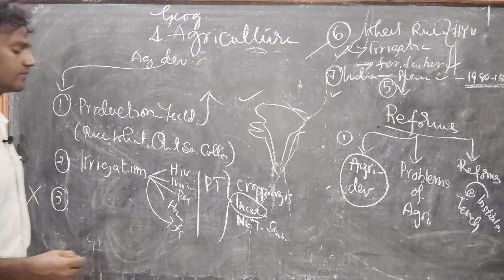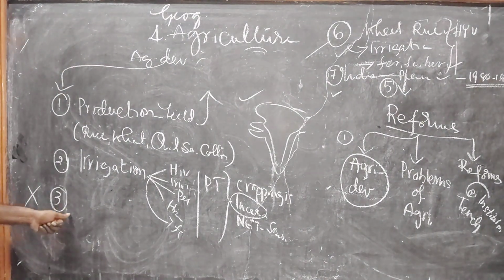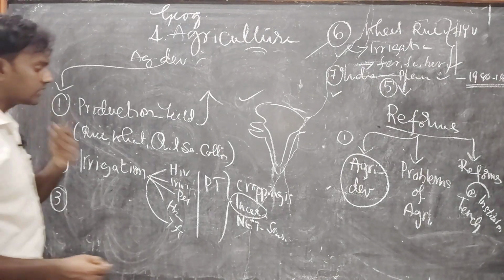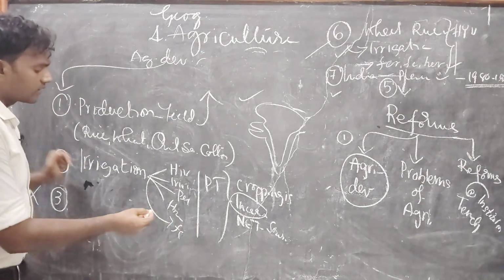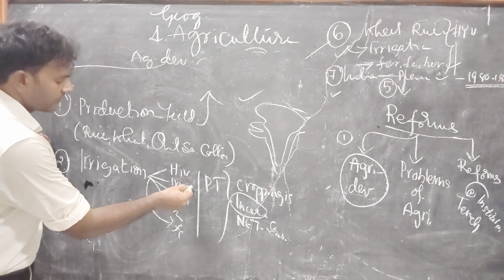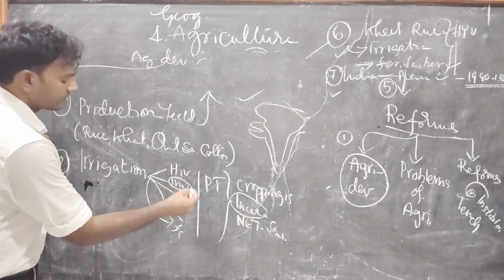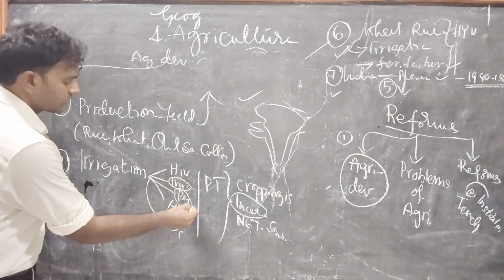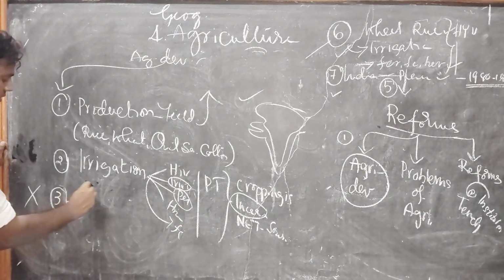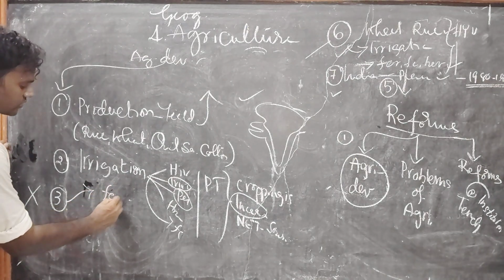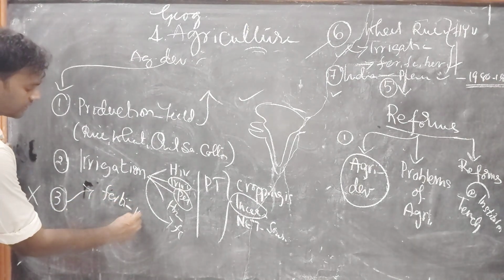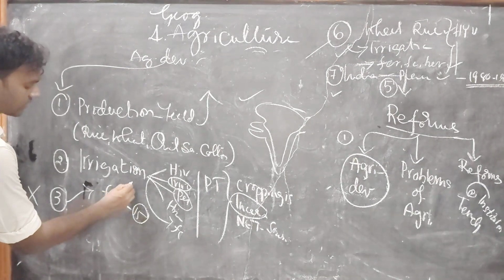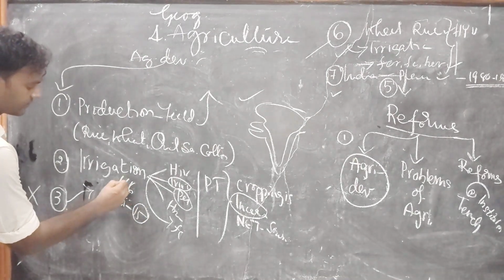So what happened? A lot of irrigation. The soil is degraded. And also one more thing, we need to use a lot of fertilizers and also pesticides. So what happened? The usage of fertilizers has increased 15 times compared with the 1960s.